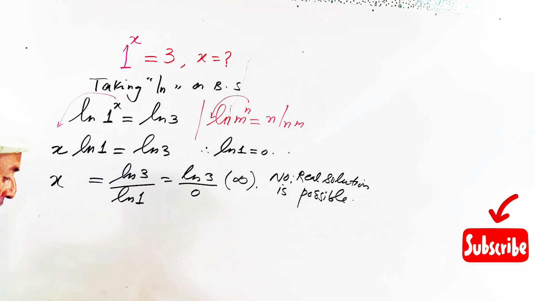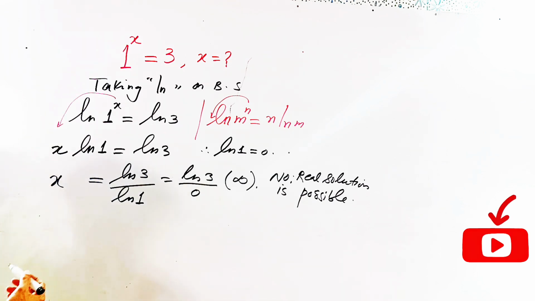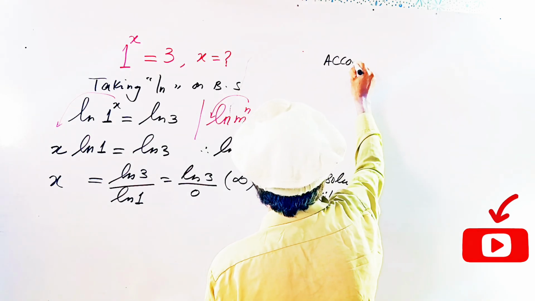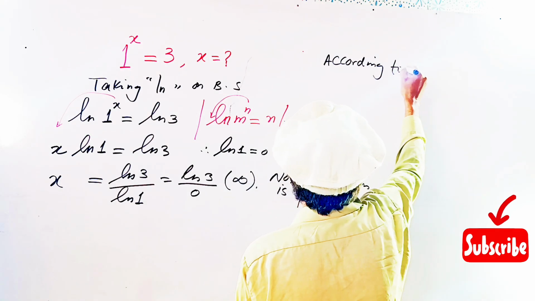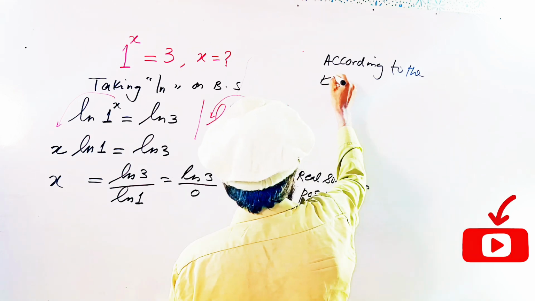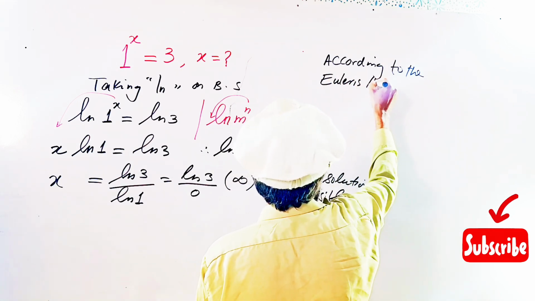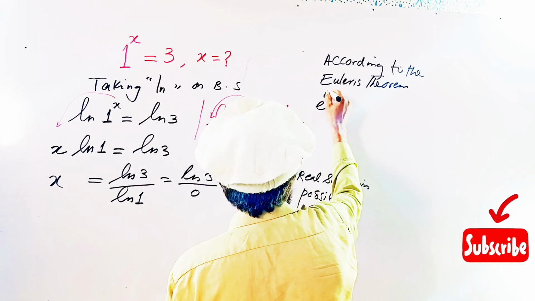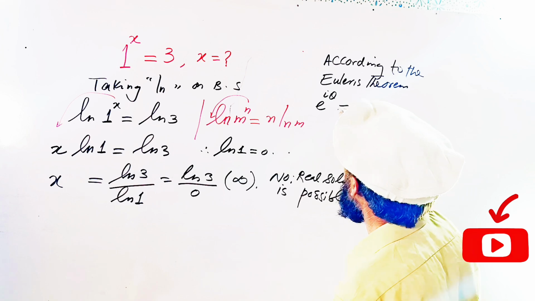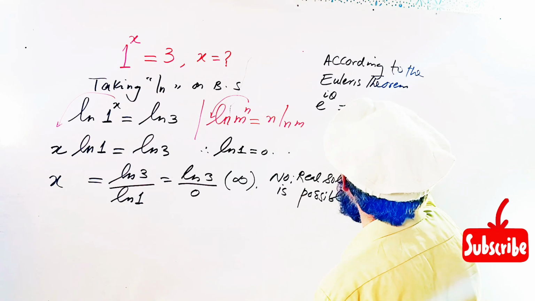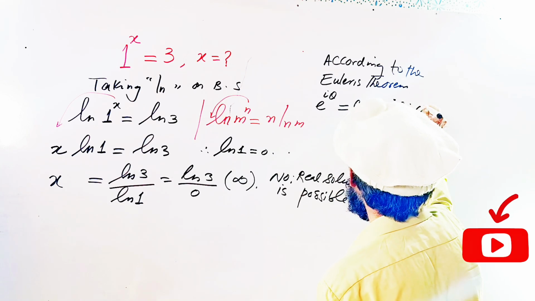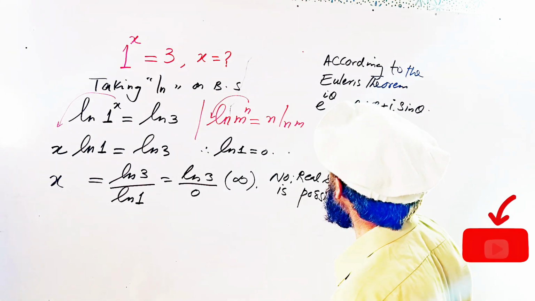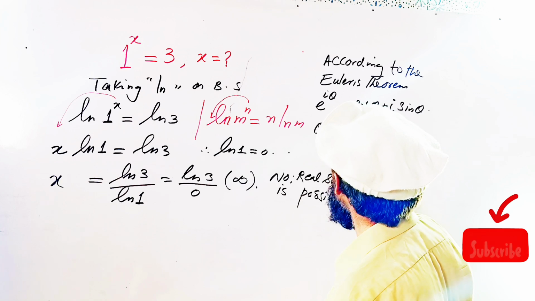According to the Euler theorem, we have e exponent of iota theta is equal to cos theta plus iota sin theta, where theta is an angle.